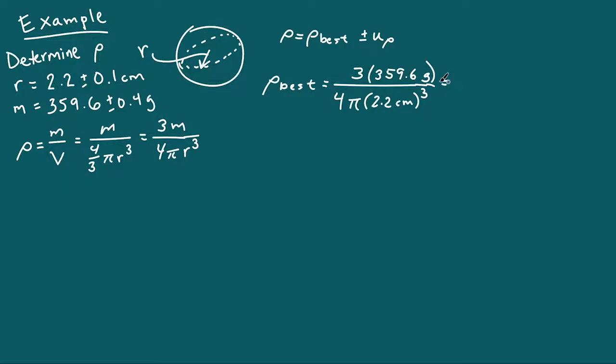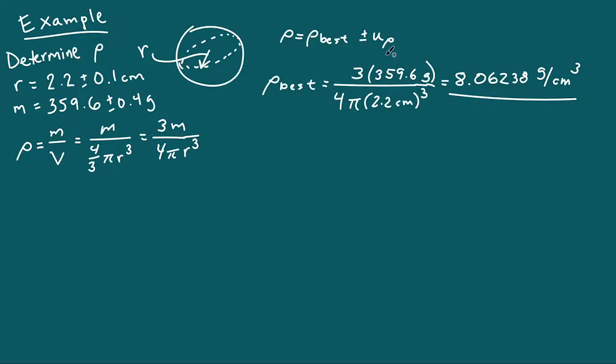And so if I put that in my calculator, I get 8.06, and I want to write more digits here because we're going to use the uncertainty that we calculate to actually tell us how many sig figs. So I'm going to throw in a couple extras. 2, 3, 8. And that is grams per cubic centimeter. So this is the first part of the process to calculate rho, or the density.